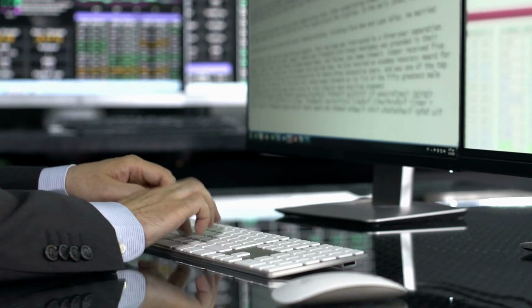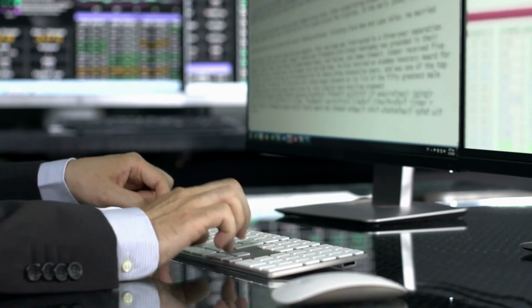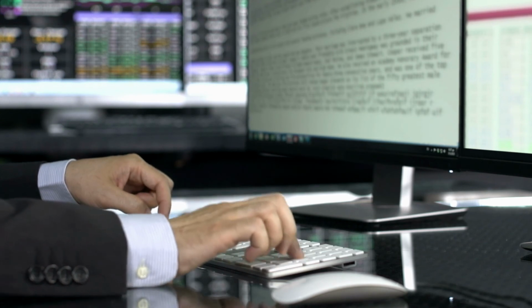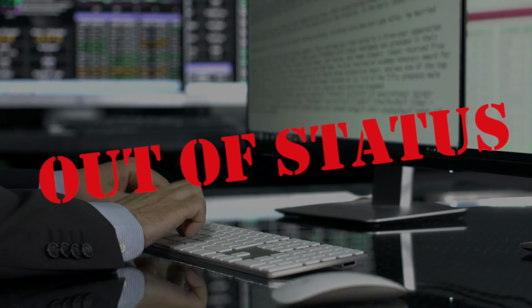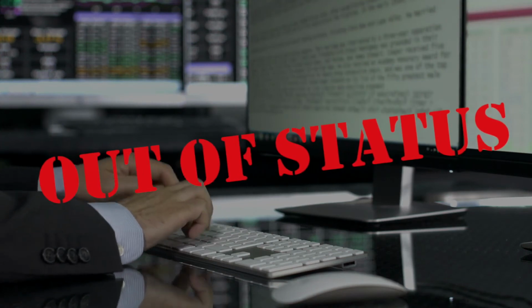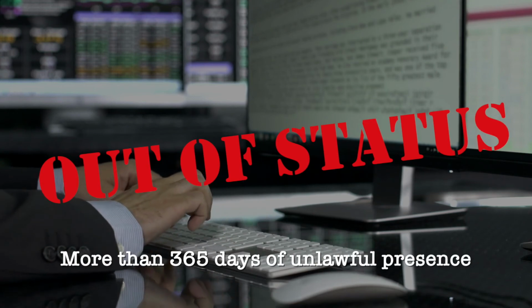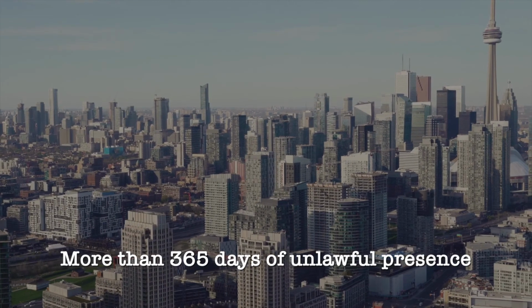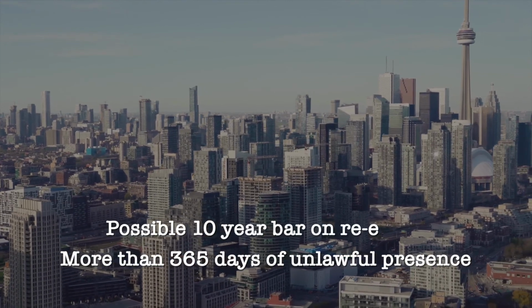During the process of reviewing the employer's requirements, Ms. Doe's education and experience qualifications, and Ms. Doe's immigration history, we determined that she had been out of status from October 1st, 2019 to November 1st, 2020, more than 365 days. If she left the United States, she would be subject to the 10-year bar on re-entry.